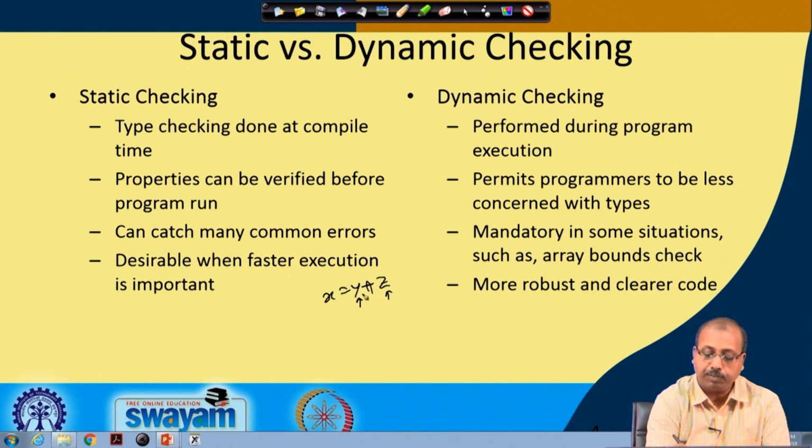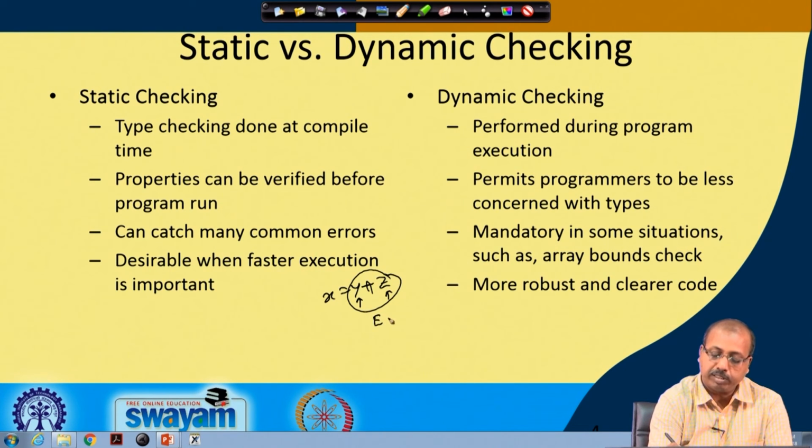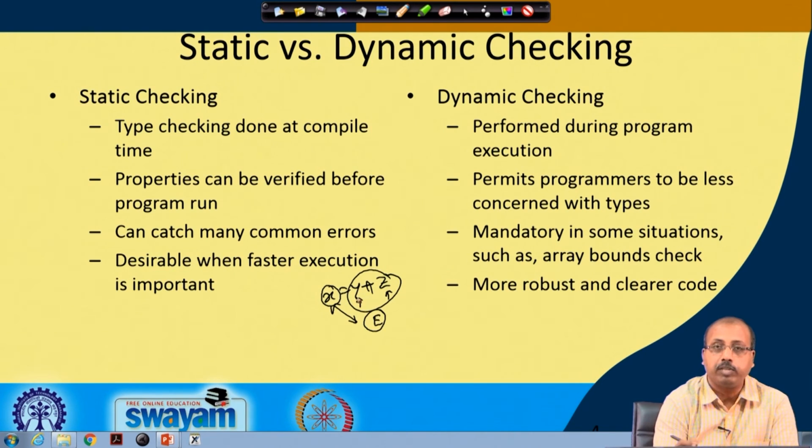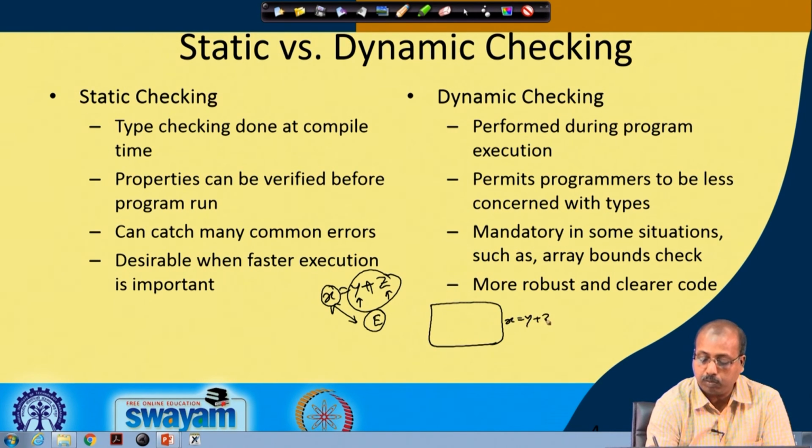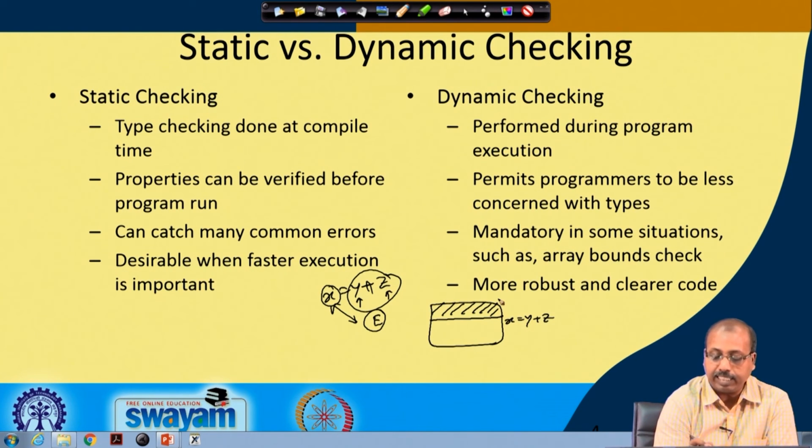That is the first thing to check, and after you have done this addition, you have got the expression E. Now, whether x and E are of similar type or not has to be checked, so that you can do this assignment. In the code that I have for x equal to y plus z, a part of it is dedicated to doing these checks, whereas with static checking I will not have that.